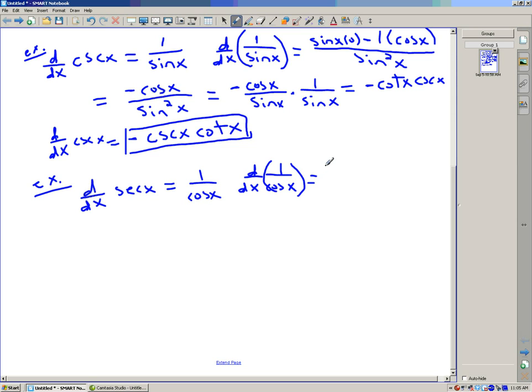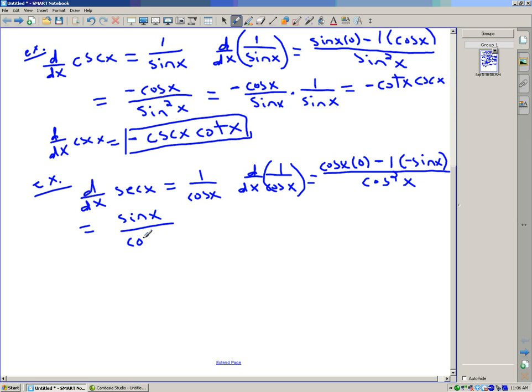Okay. So I've got the bottom times the derivative of the top. Of course, the derivative of 1 is 0. Minus the top times the derivative of the bottom, all over the bottom squared. Of course, cosine times 0 is 0, and negative 1 times negative sine gives me positive sine of x. And in the bottom, we've got cosine squared.